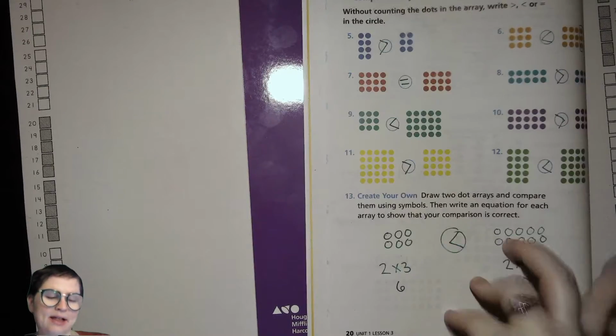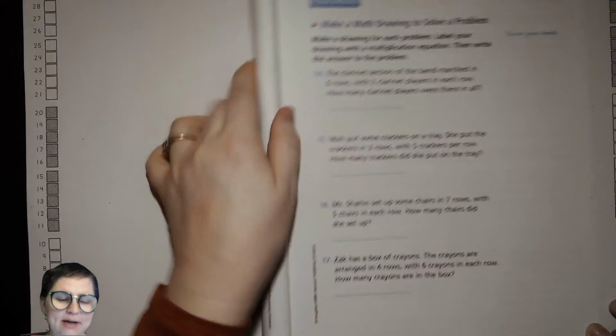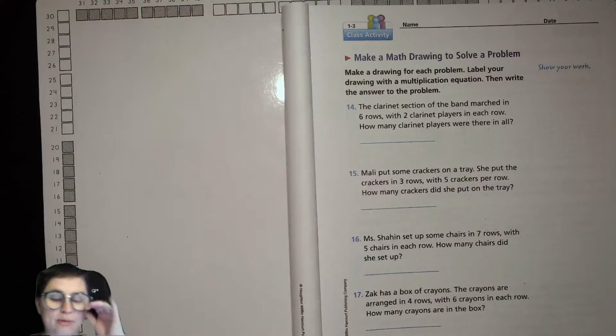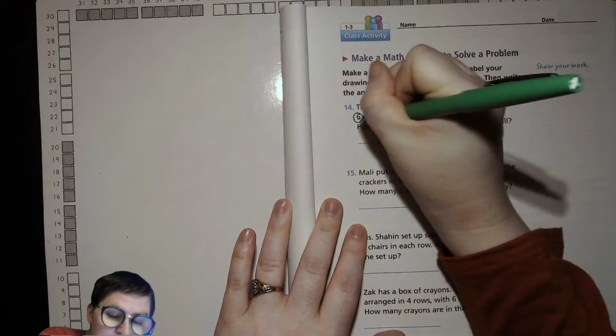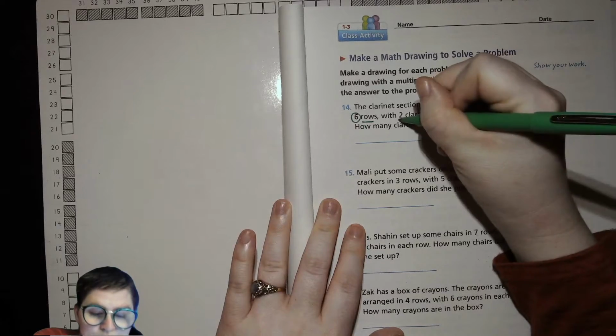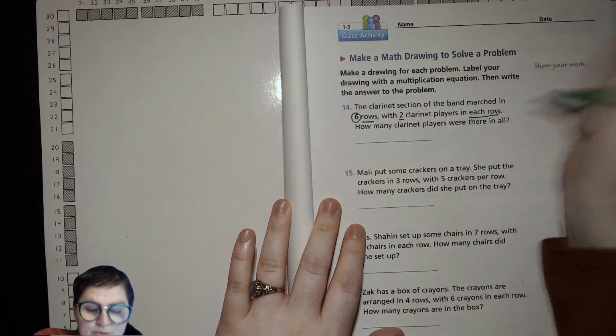Okay, let's go ahead and now flip over to this side. I'm going to make a math drawing to solve these problems. Okay, make a drawing for each problem. Label your drawing with a multiplication equation, then write an answer to solve the problem. The clarinet section of the band marched in 6 rows with 2 clarinet players in each row.